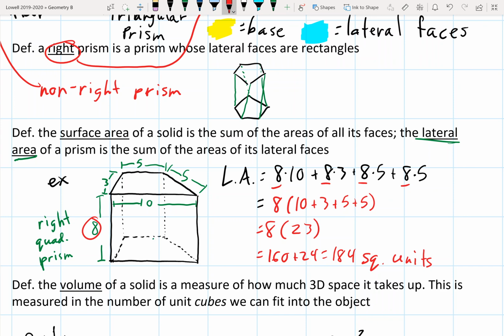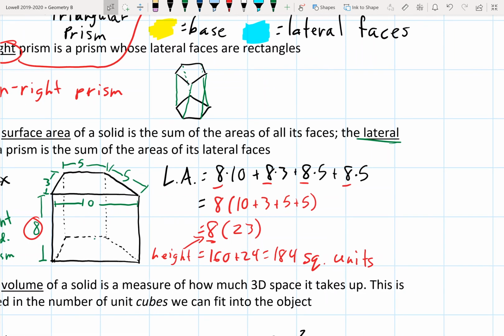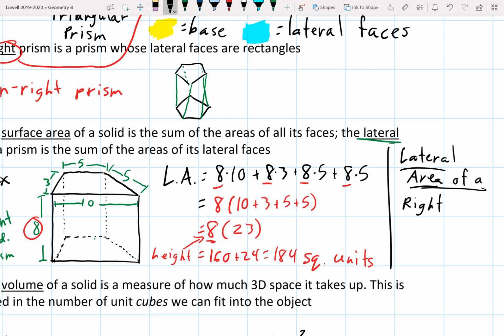Okay, so notice here that each of these rectangles has the same height, and so you can always pull that height out right here, leaving us with this little shortcut formula that the lateral area of a right prism. This is really important that it's a right prism. If it's not, then the fact that it's been leaned over or twisted actually makes it kind of weird.